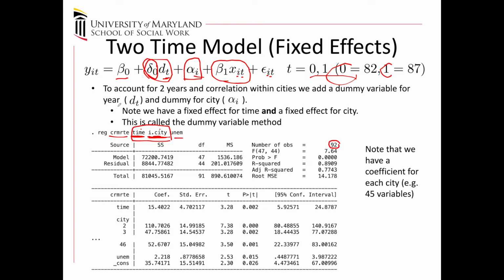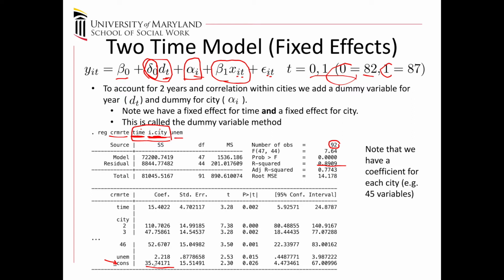So when we estimate this model, I'll note it's a very high R squared because each city has its mean. So if we do what we've always done before, we start with the intercept. What does this intercept mean? This is the crime rate for city number 1, which was left off, in 1982.